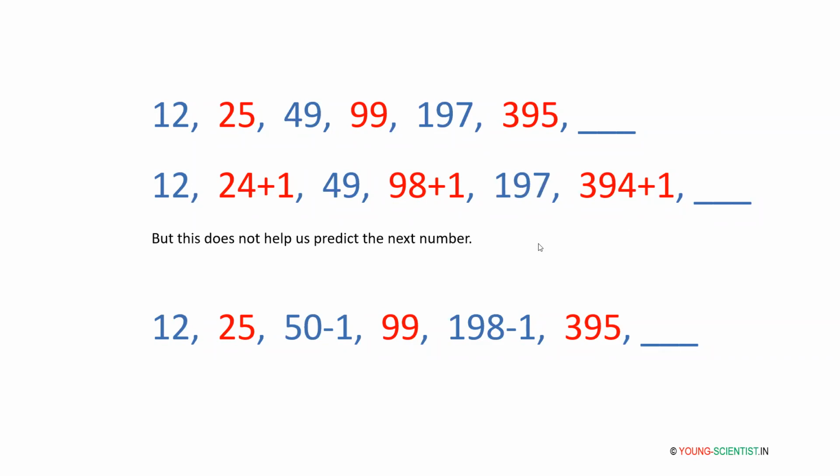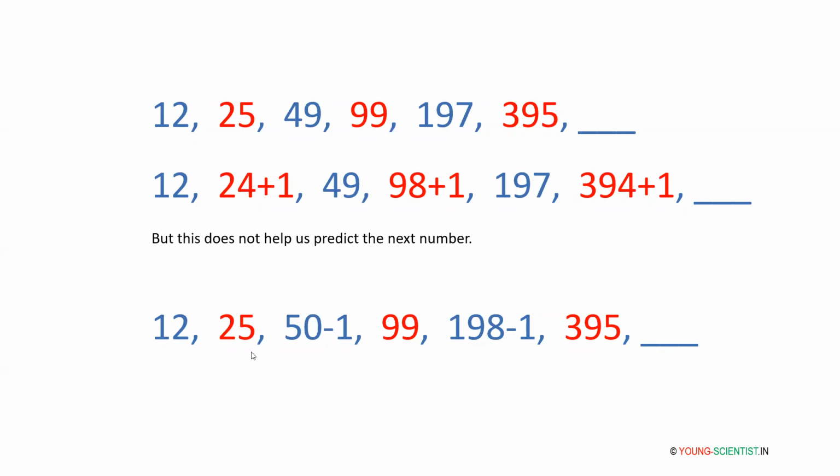But we need not worry. We can use the blue numbers and see if they follow a pattern. And indeed they do. The blue numbers are found by multiplying the previous number by 2 and subtracting 1.